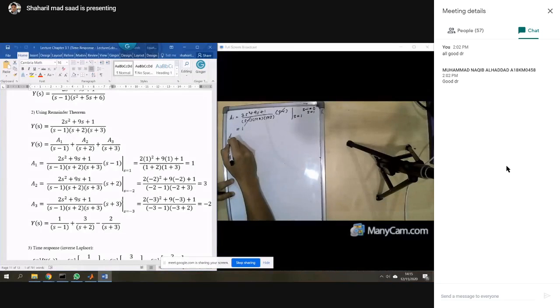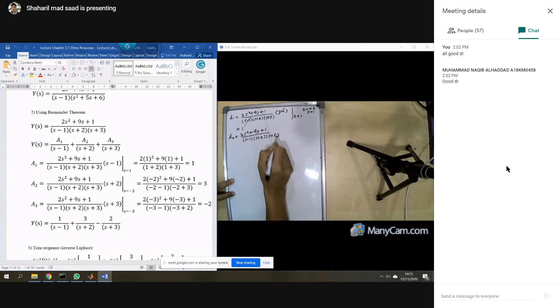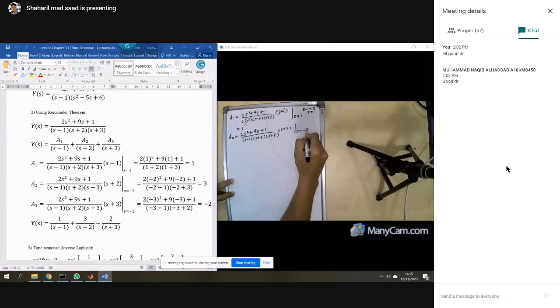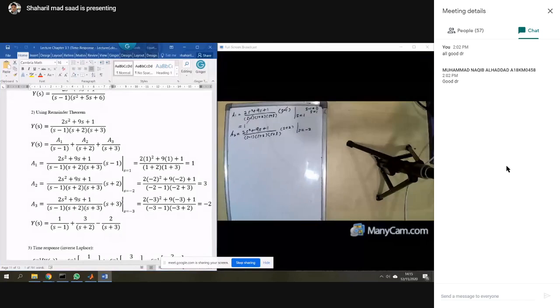Right? Same thing with A2, (2s squared plus 9s plus 1) over (s minus 1)(s plus 2)(s plus 3), and then A2 actually is over s plus 2, and then you need to multiply with s plus 2, and then you apply s equal to minus 2. Okay, right?